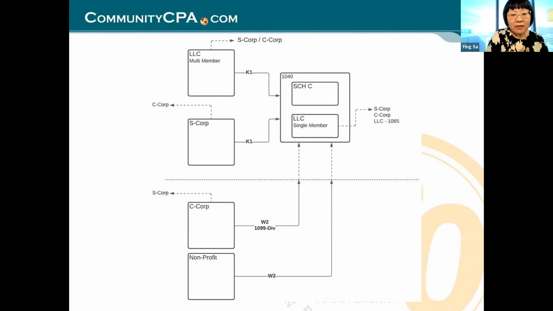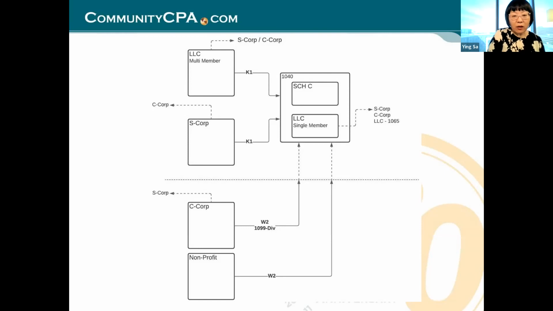But what about the C corp and nonprofit? That's on the bottom side of it. So C corp can revoke or can be elected to be S corp, and your nonprofit. If you set up a nonprofit, you can donate money to your nonprofit, and when you donate, you get a deduction, right? And if you work for the nonprofit, you can get W-2 income. So that's the only connection the nonprofit would have for you.